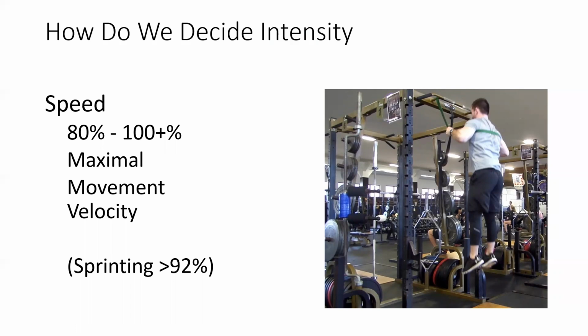We do this a lot with baseball throwing programs using different weights of objects. So a baseball is 5 ounces, and if you throw a baseball that's 5 ounces, that's your maximum speed for that movement. That's 100%. You can use heavier implements to slow down that movement. So now you're moving at maybe 90%, or you can use lighter objects, something that's 4 or 3 ounces, to increase the speed of your arm as you throw the object.